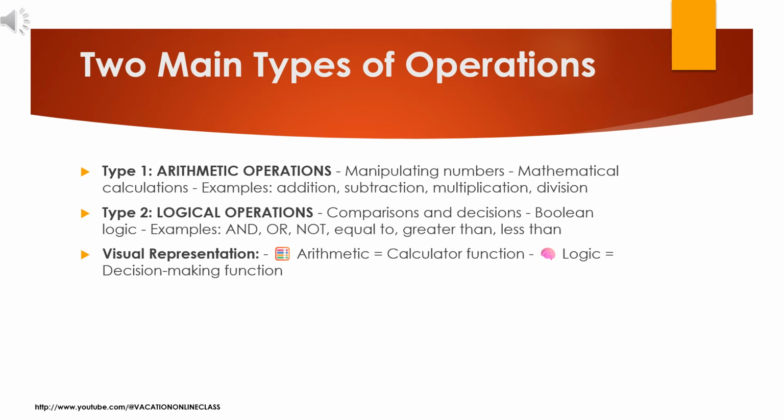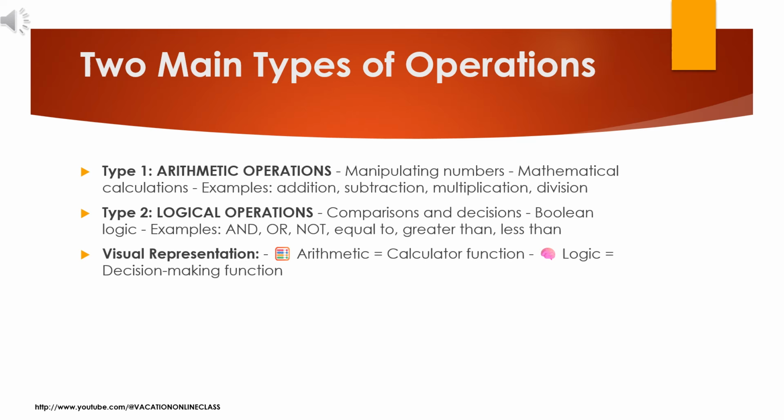The second type is logical operations. This is the decision-making function of the CPU. Here, the ALU uses Boolean logic to compare data. It asks questions like, is this value equal to that one? Or is this number greater than the other?